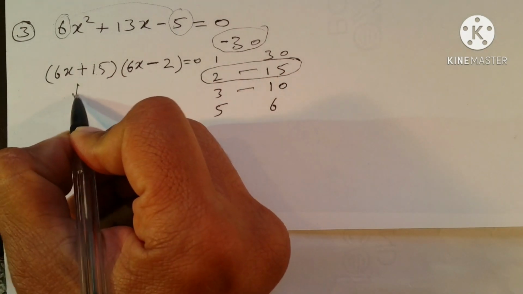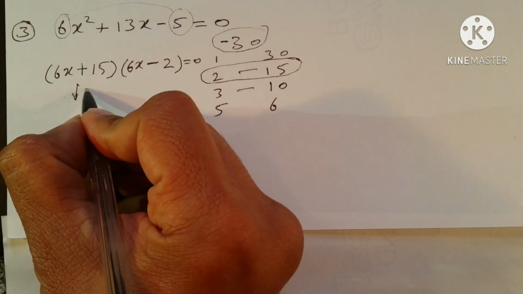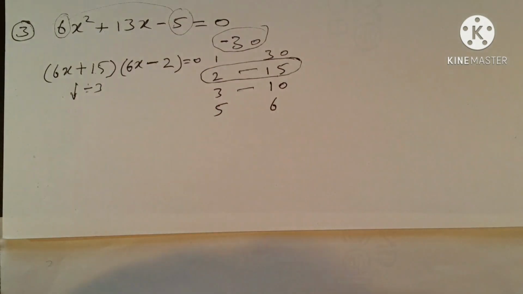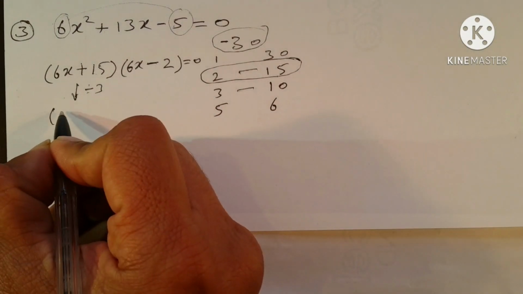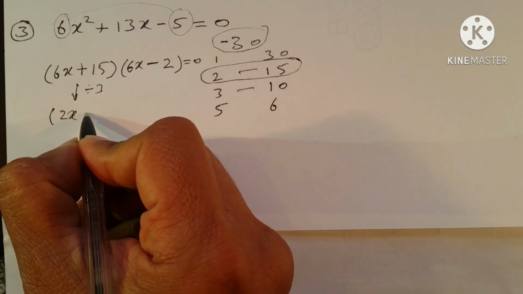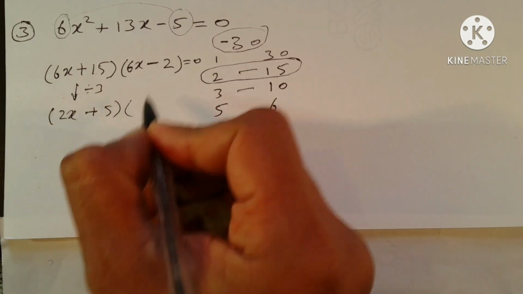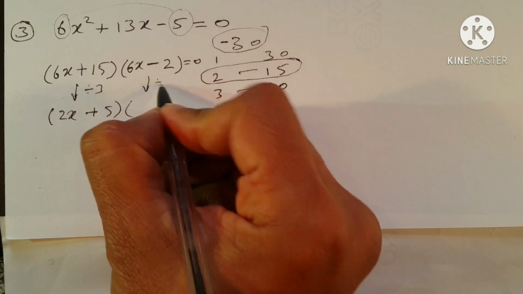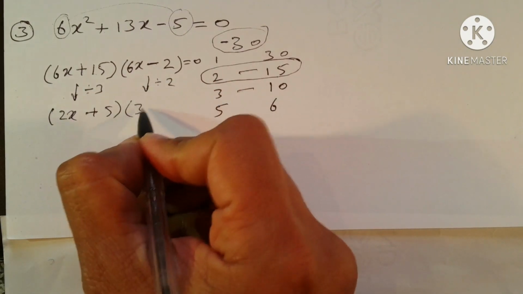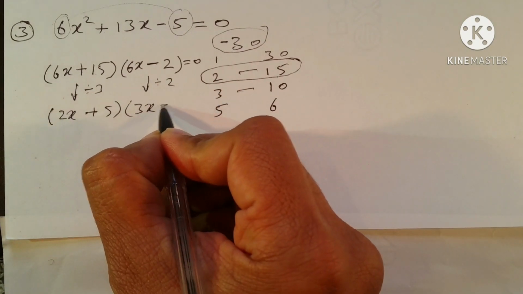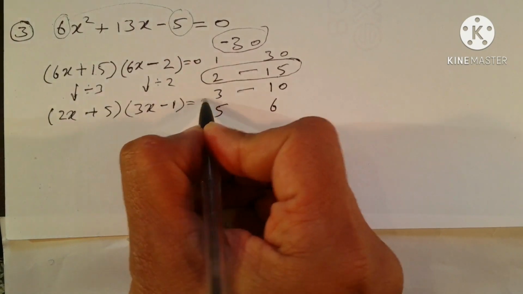So what we do, we divide that. Again, both go in the 3 times table. So which is 2x plus 5, and this divided by 2, which is 3x minus 1 equals 0.